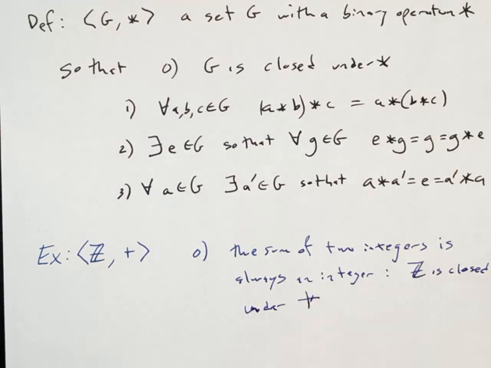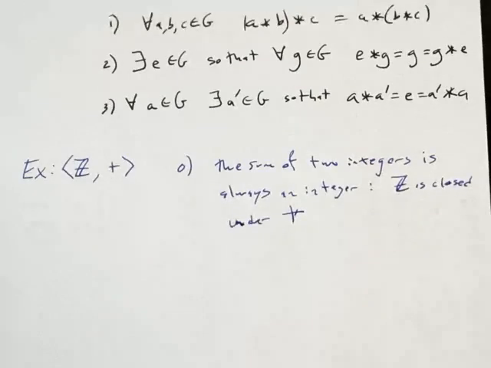I started to write star instead of plus, but I know what the operation is, so I don't need to write star. Okay. Is addition associative? You're adding 3 numbers. Doesn't matter which pair you add first, the first 2 or the second 2.